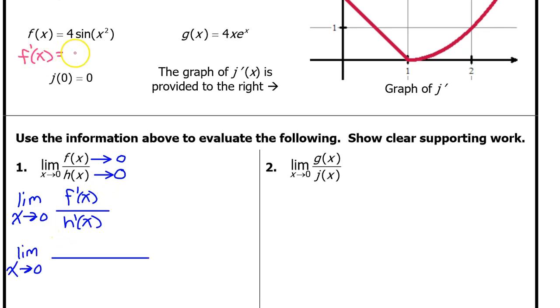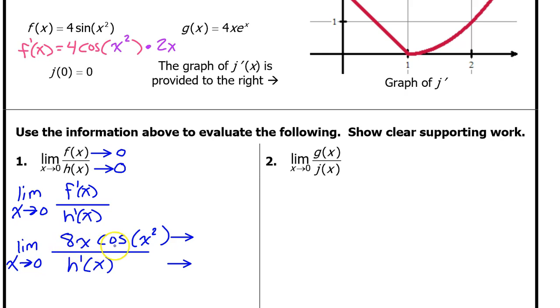Let's find f prime real quick. Bringing down the 4, the derivative of sine is cosine, but we have to do the chain rule. The inner function is x squared, and we have to multiply by the derivative of x squared, which is 2x. So putting this together, this is going to be 8x in the front.